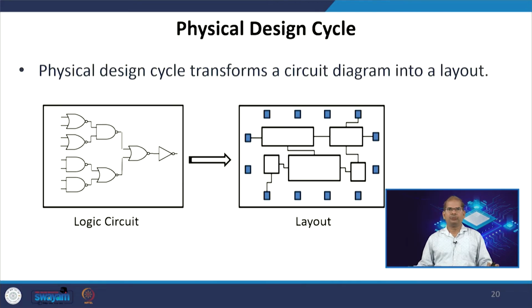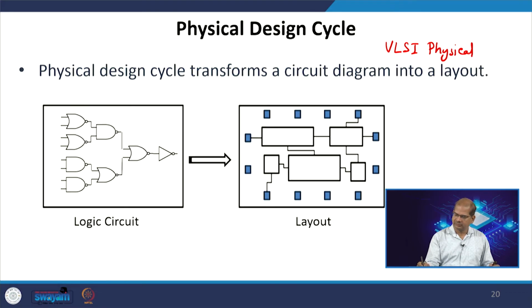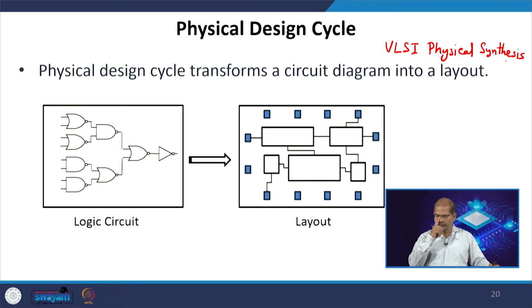Now we will go into the physical design cycle. The physical design cycle is basically what we call VLSI physical synthesis. Here, we have a logic gate level netlist which comes out of logic synthesis.